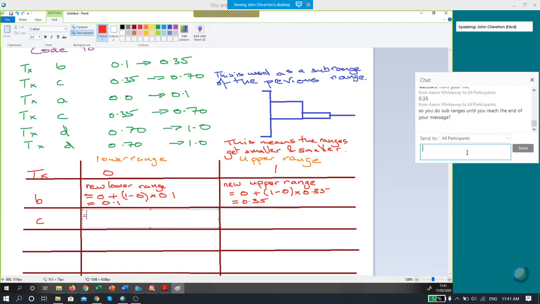Okay, so we've got equals, and then it's 0.1 plus, and then we've got the range from before, which is 0.35 minus 0.1, and that's multiplied by the lower range value for C, which is 0.35.